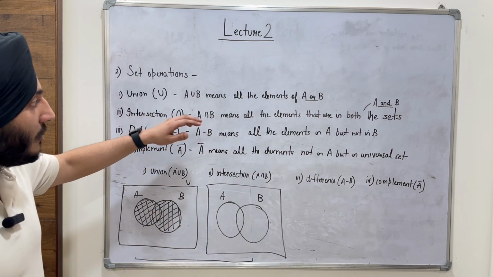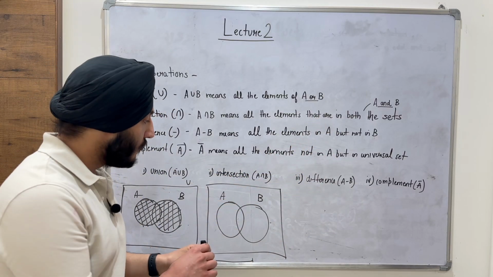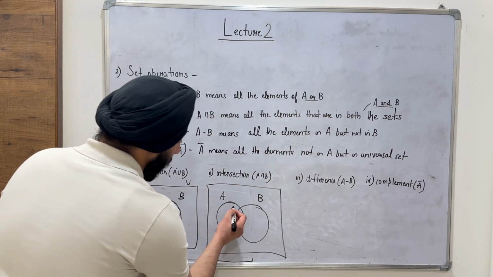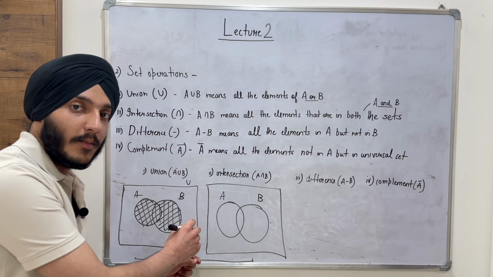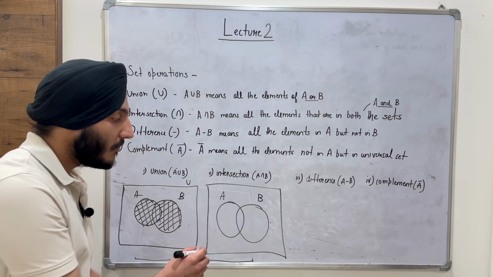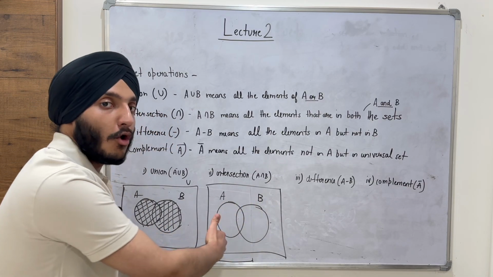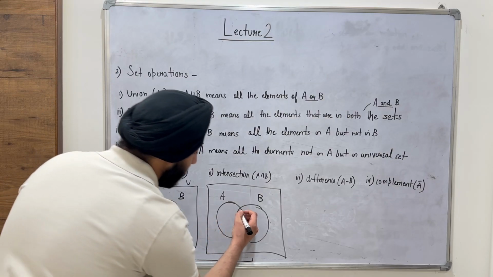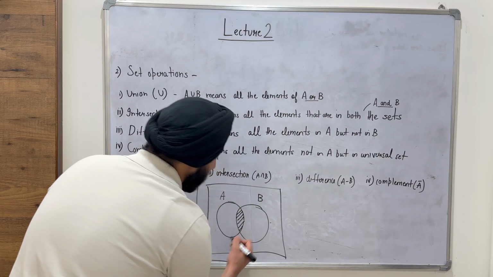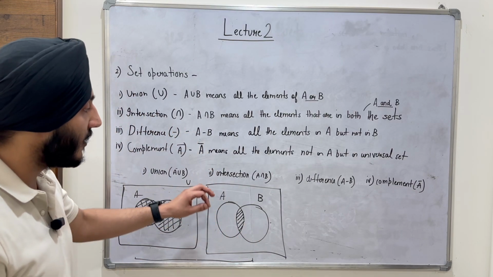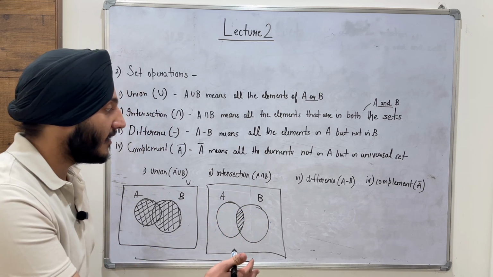According to the definition, it means all the elements that are in both the sets A and B. If you look at it, all the elements on this side over here are the elements that are just in A. This side is all the elements that are in B but not in A. But this common region over here is the one which would represent the intersection, sorry, not the union, which is the elements that are common between A and B. I hope that makes sense.